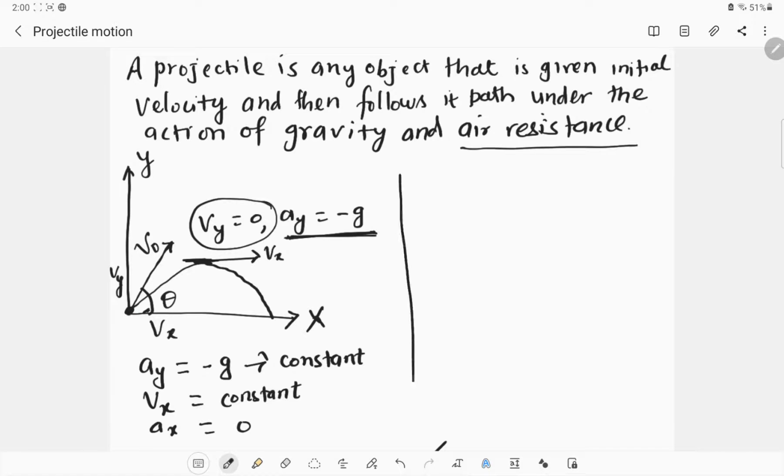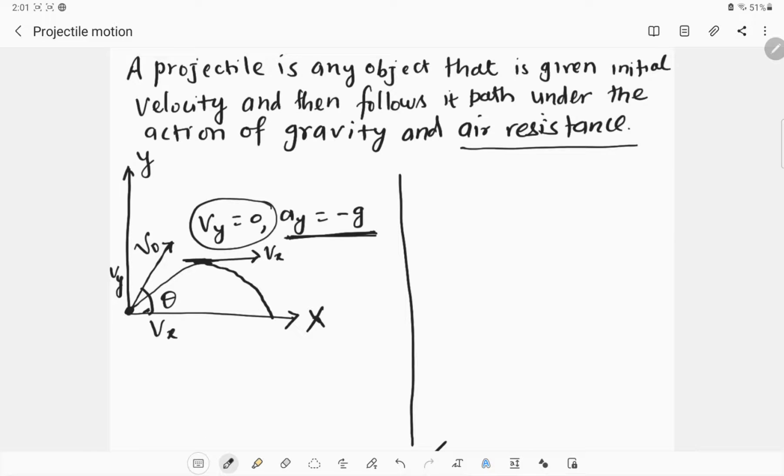If you split this vector v naught, the initial velocity, into its components, the horizontal component is v naught cos theta, and the vertical component is v naught sin theta.